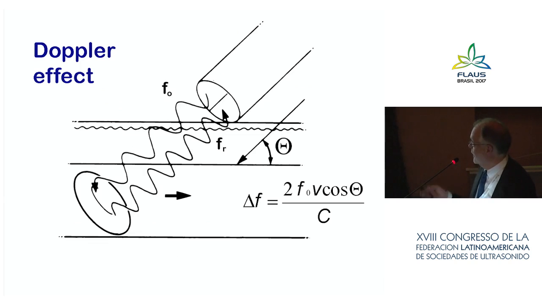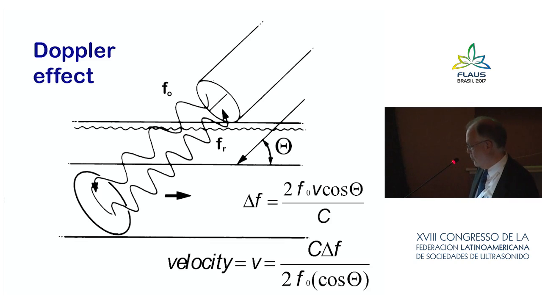This is a nice cartoon showing the Doppler effect, and of course everybody knows the Doppler equation. I could take this slide down, everybody could write it down, I know. But of course we solve the Doppler equation for velocity. And when you do that, that puts this cosine term here in the denominator, and that causes some significant problems when we have angle deviations.